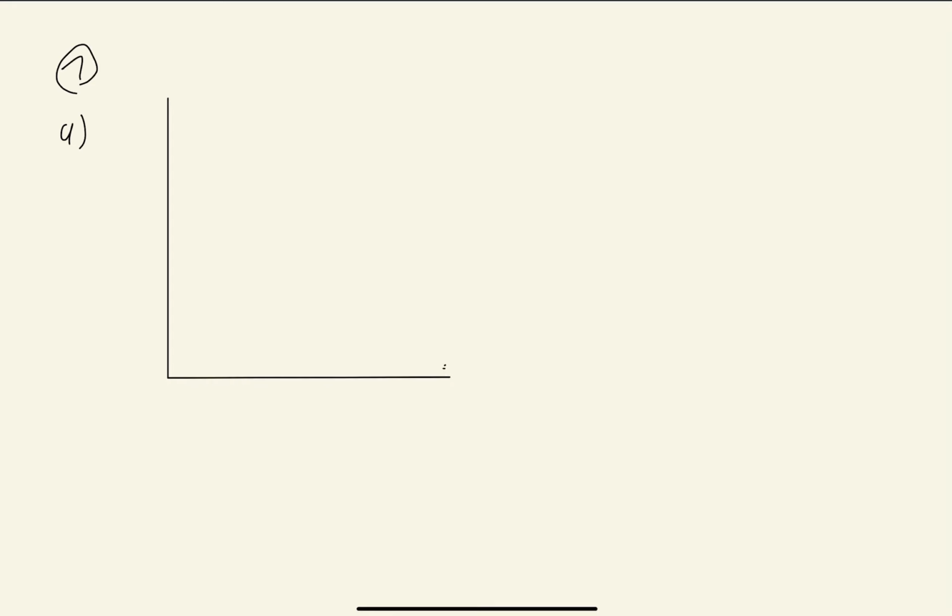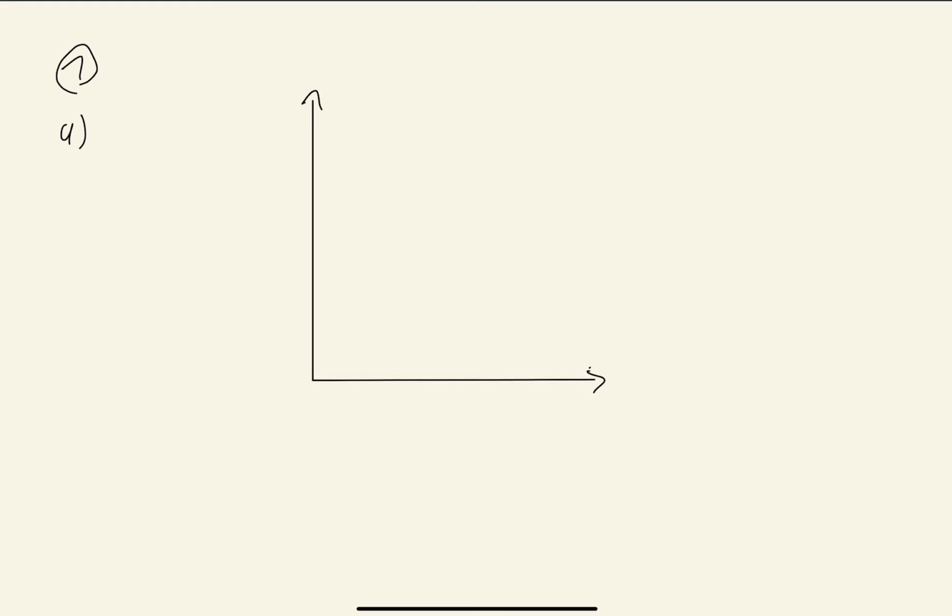So let me just open up a new window. What we need to do now is to first draw a coordinate system. So this is sub exercise A. On the x-axis, let me just put this a little bit more to the right, we will have consumption in period 1.